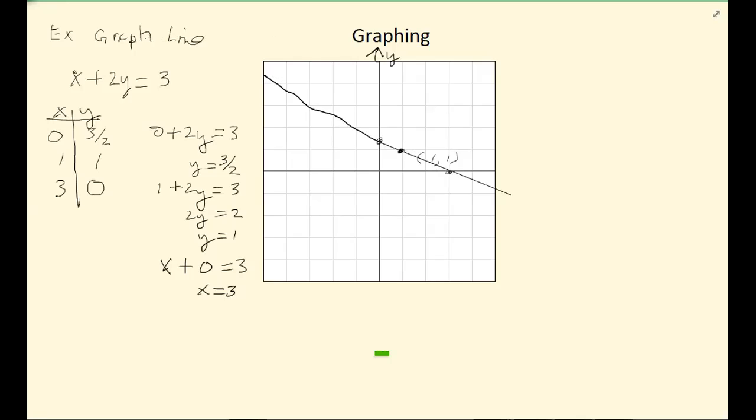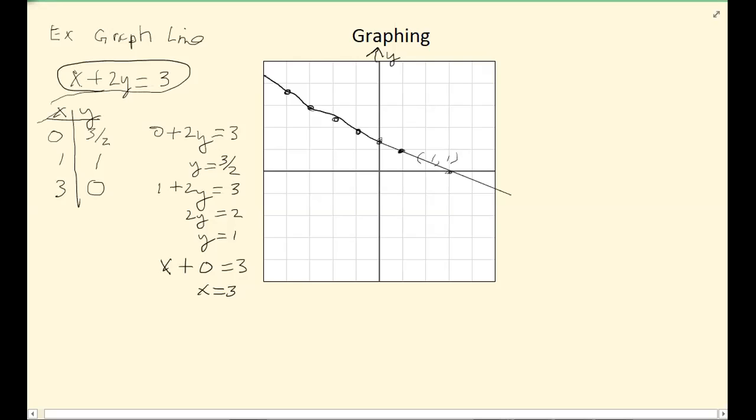This is why they call it graphing lines, because the picture that you end up with is a line. That line represents all of the solutions to this equation. It's a graphical representation of all the solutions. Every point along here can be shown to be a solution to that equation.